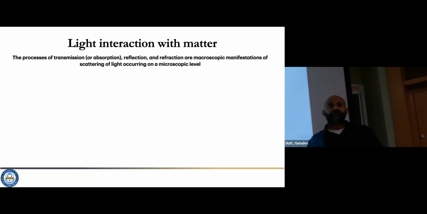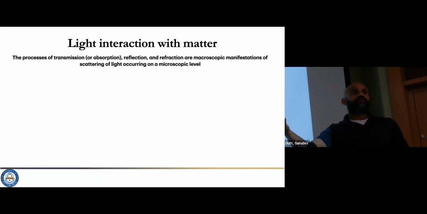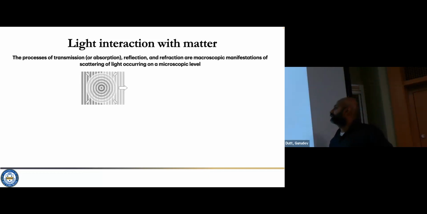Everything from why the sky is blue to why a beam of light bends when it goes from a medium like air into a medium like glass or water. All of that can be explained by the picture of scattering of light from atoms or molecules on a microscopic level. So that's pretty cool, I think.